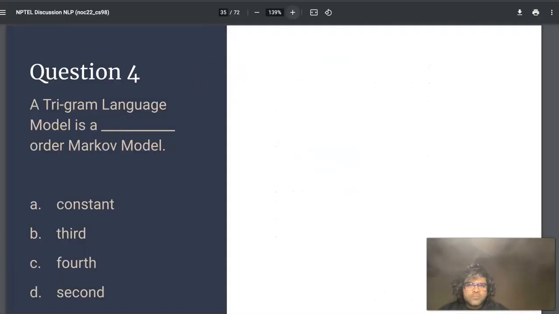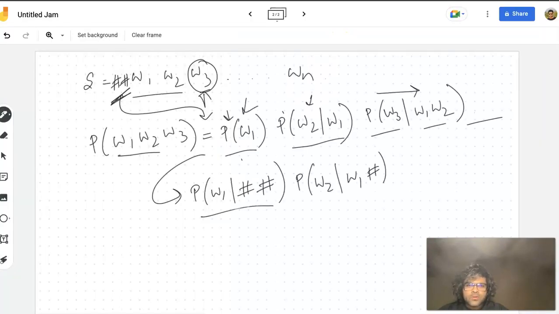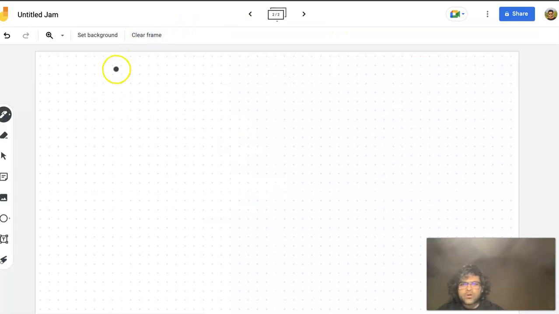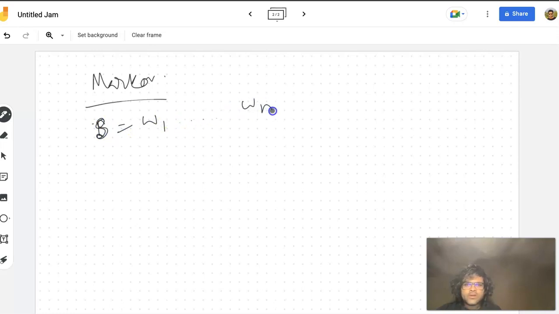Okay, so in the question they are asking about the Markov model. I hope you also know the Markov thing. Basically the Markov assumption is that if you have a sentence till Wn, so maybe this is Wi, to predict Wi you need to consider the previous words from w1 to wi minus 1. Actually I have written it the wrong way.